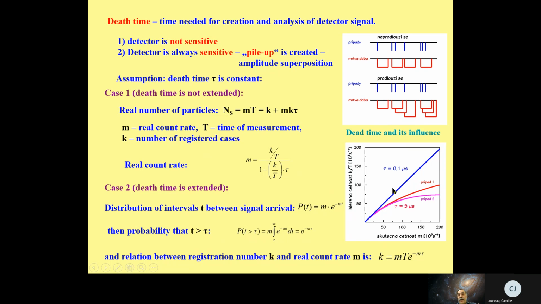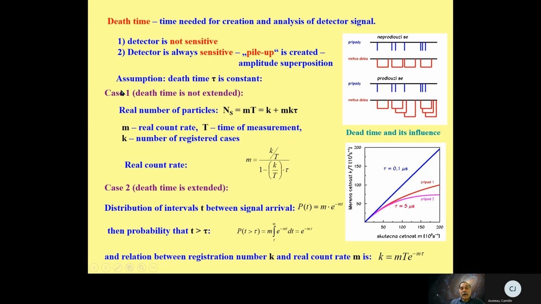That means in this case, it's possible to see that real count rates and measured count rates will be the same. In this case, it should be here. That means here this difference is very small. This influence of dead time is very small.